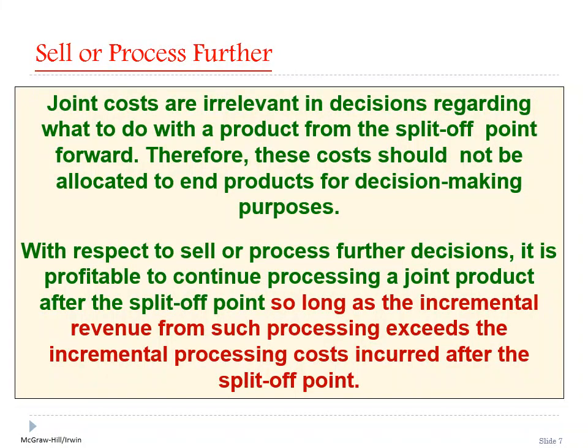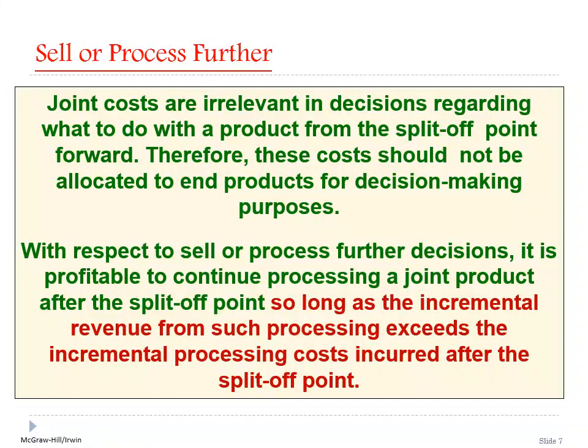Therefore, these costs shouldn't be allocated to end products for decision making purposes. يعني أنا مش هعمل allocation للjoint costs على الjoint products for decision making purposes لأغراض اتخاذ القرارات. يعني ملناش دعوة بالjoint cost في الحالة دي. طيب how can we make this decision؟ تعال نشوف بقى ازاي هنقدر ناخد القرار ده.